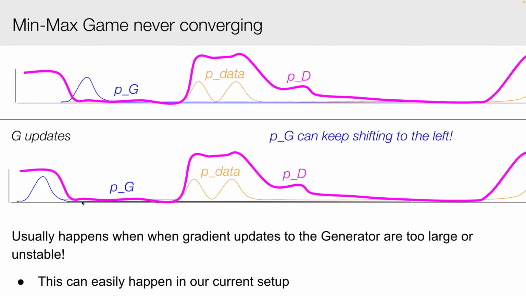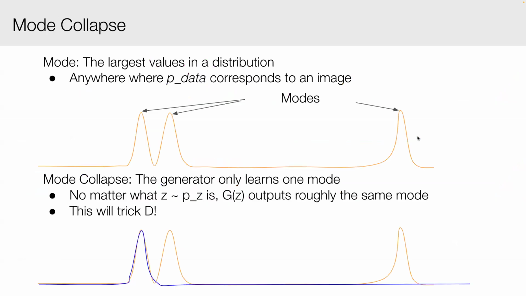So if we get unlucky in how we initialize our weights, and more importantly, if our gradients are too big and our generator is jumping from here to here, or from this left-hand side all the way to the right-hand side, it could be the case that our model never converges.